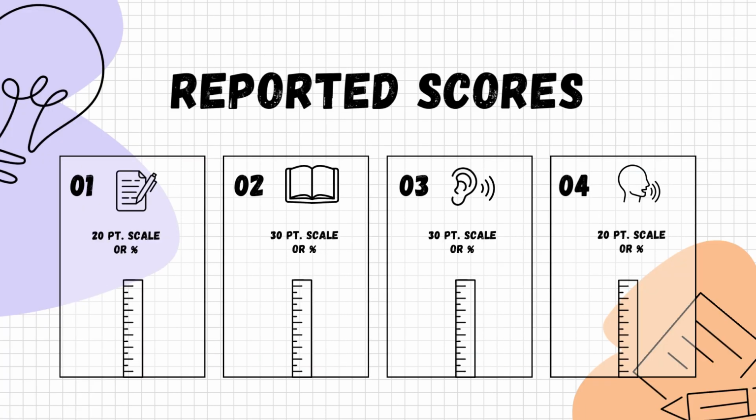Okay, the reported scores. So you may remember from the other presentation that these tests have different numbers of items. The multiple choice questions, MCQs, which are reading and listening, they have 30 items, 1 point each, so that creates 30 points.